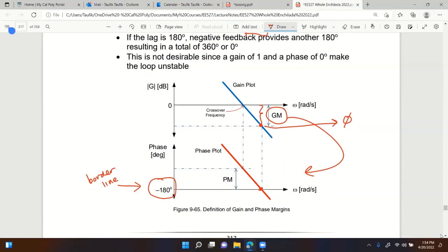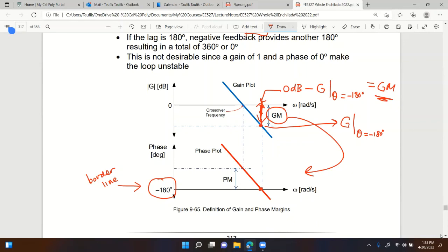The difference between 0 dB and the gain at which the angle is minus 180 degrees gives you the gain margin. Basically, this from here to here.